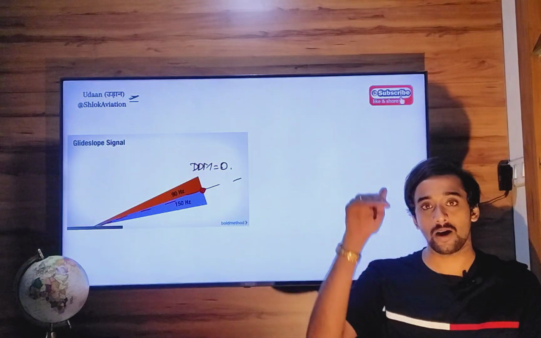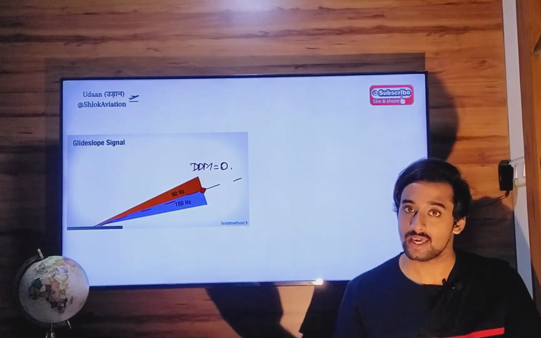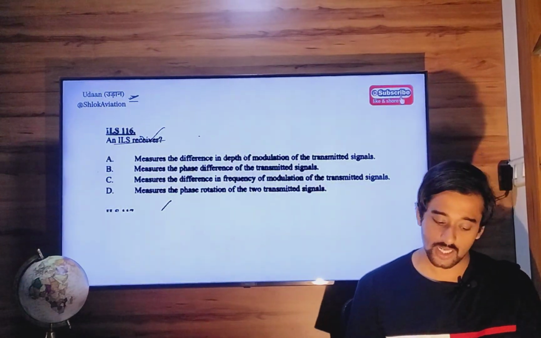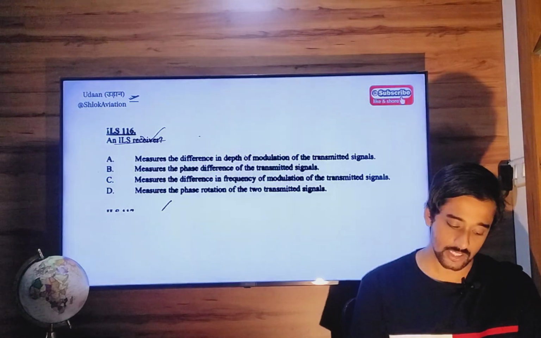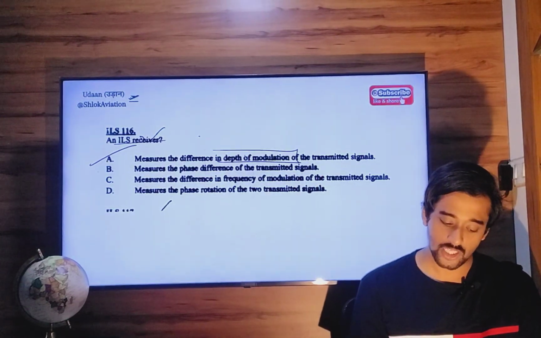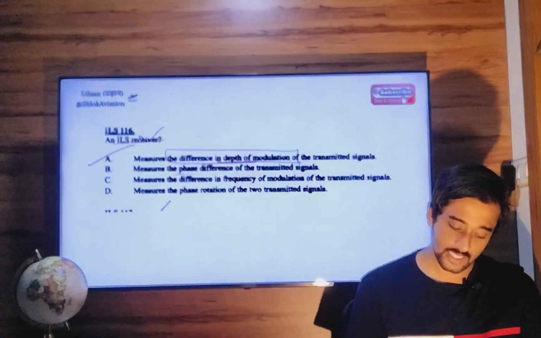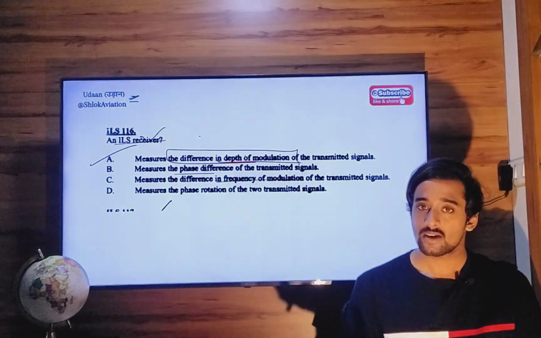When you deviate above or below the glide slope, the difference in depth modulation will increase. The ILS receiver measures the difference in depth modulation of the transmitted signals. So option A: the principle of operation is based on difference in depth modulation. Phase comparison and the rest belong to VOR, frequency modulation, and radio altimeter.